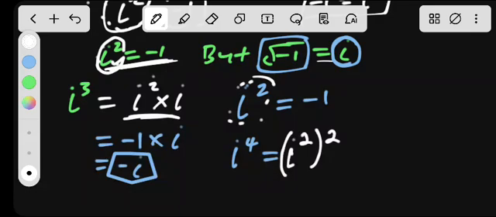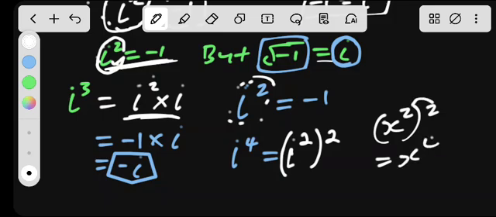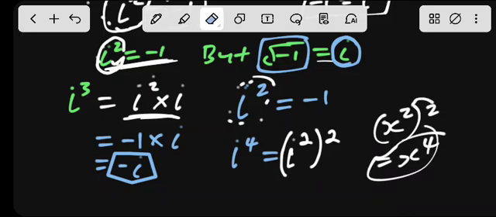There's nothing wrong, it's an exponent. Remember, if you are given a raised to the power of c, like x raised to the power of 2, then multiply by 2. This is the same: we multiply the exponents, x raised to the power of 4. So similarly there, we can use that.